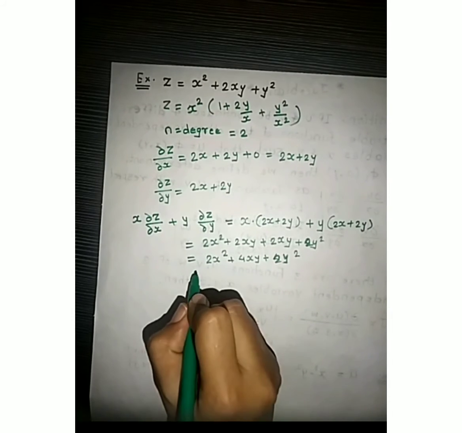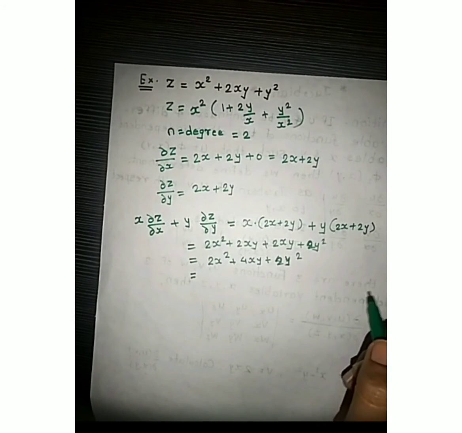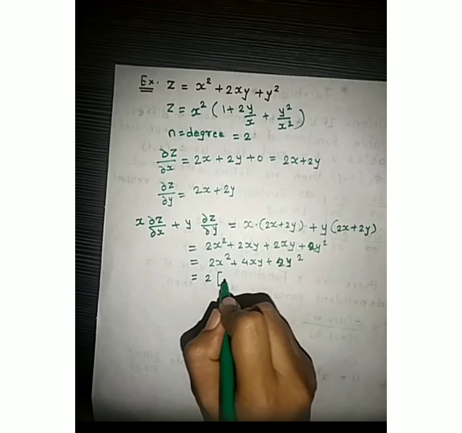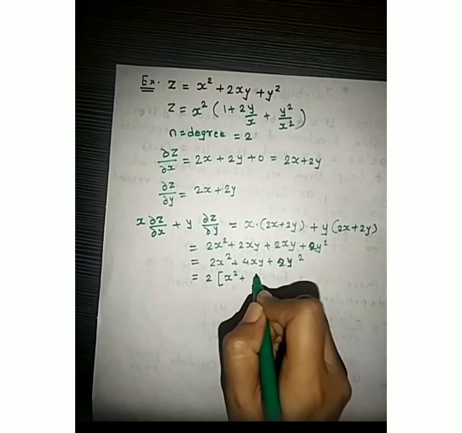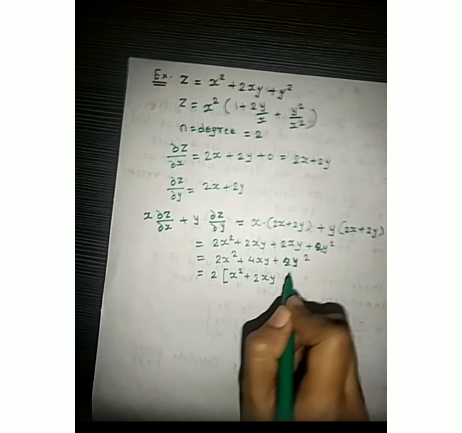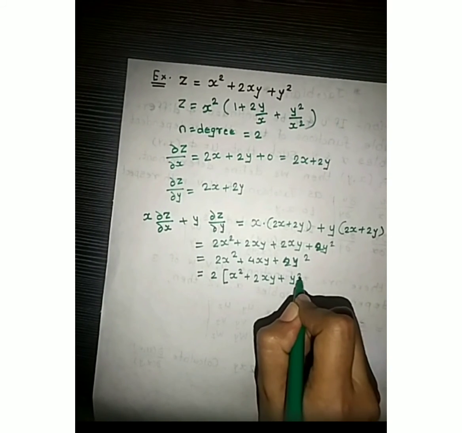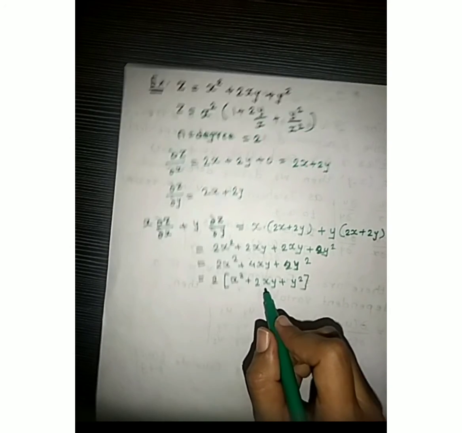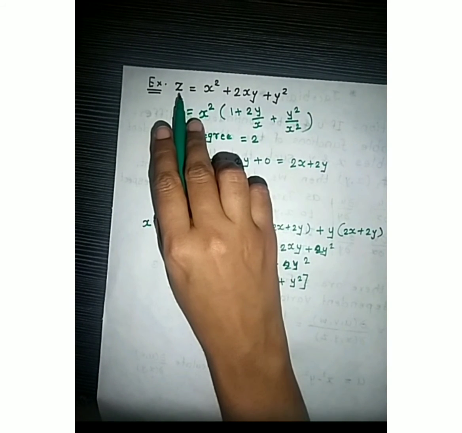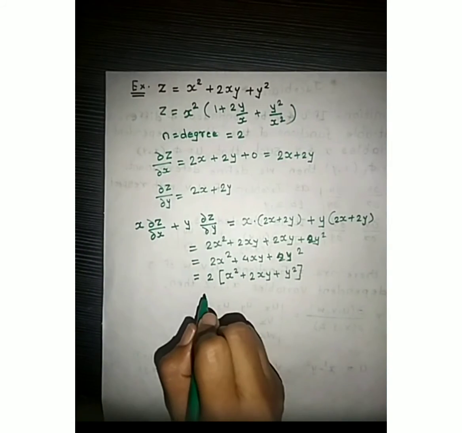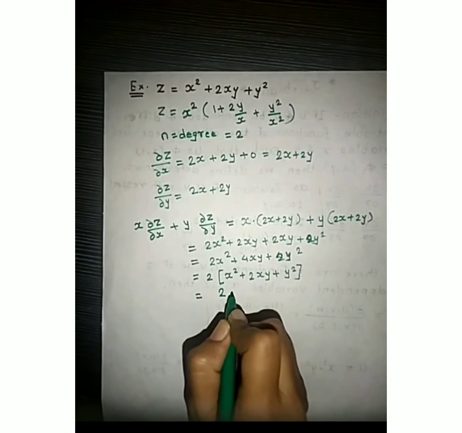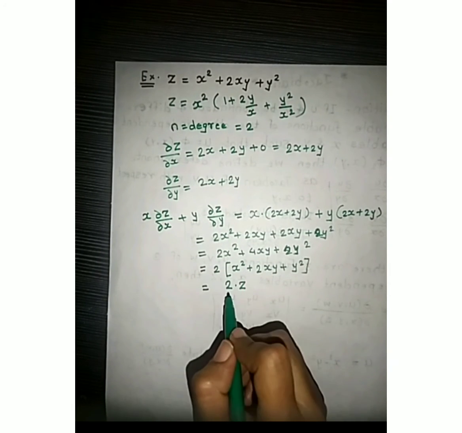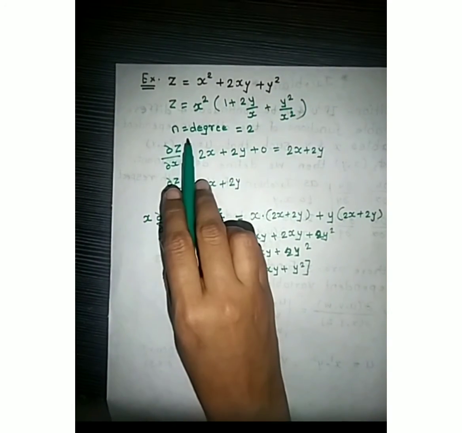Now we can take 2 common from the whole equation. When we take 2 common, it is x square plus 2xy plus y square. Now observe this term. This is nothing but our z, our given equation. So it is equal to 2 into z. So here 2 is our degree.